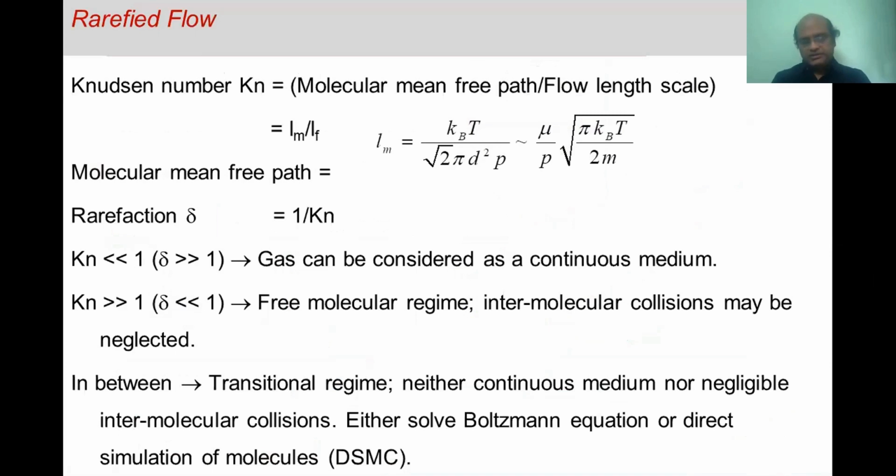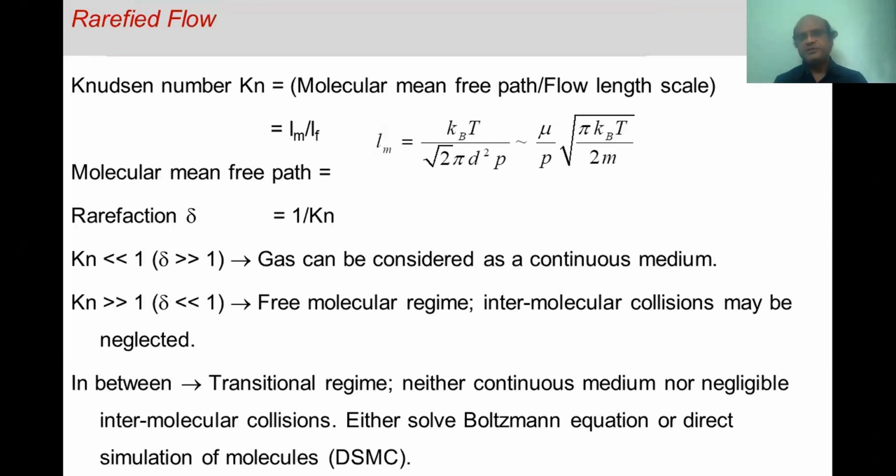So the Navier-Stokes equations that are derived, it is not valid in this. The continuum framework is not valid in this regime. So normally these regimes are identified based on the Knudsen number Kn, which is the ratio of molecular mean free path to the flow length scale.